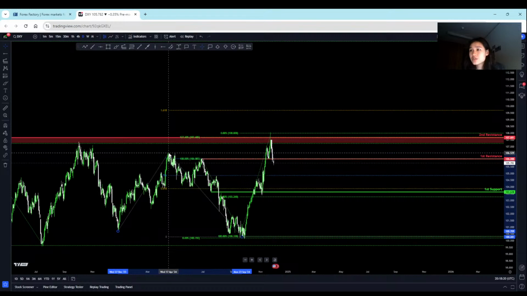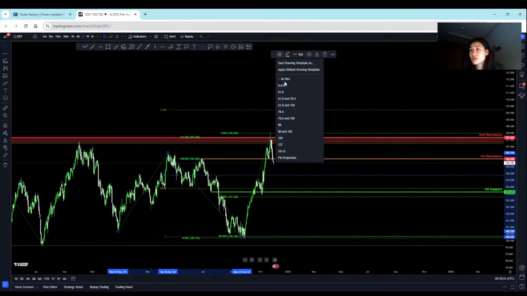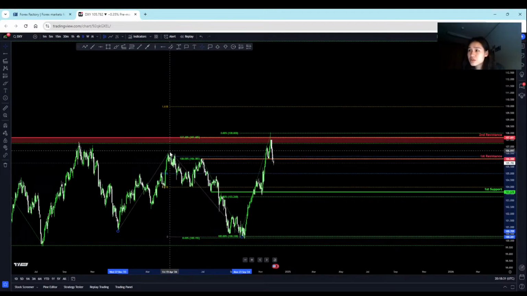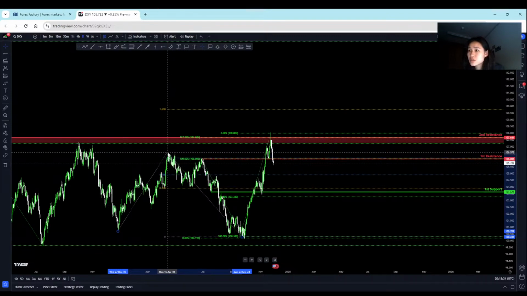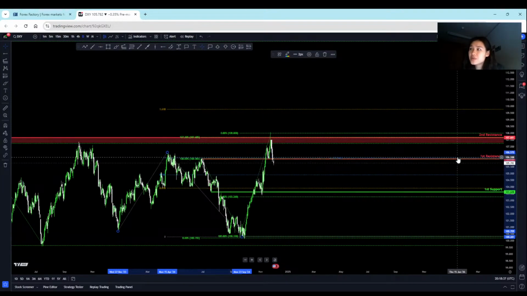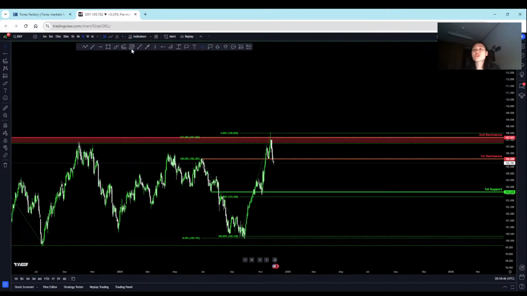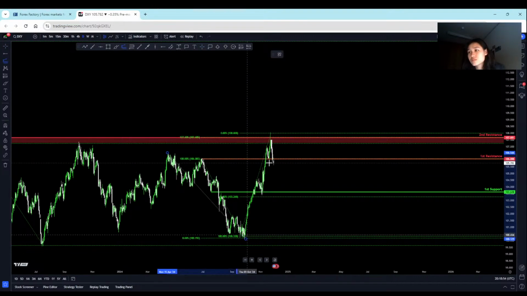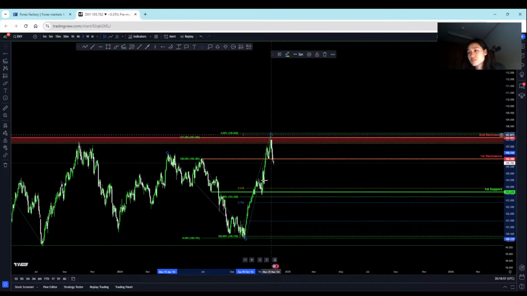And we namely look at the 61, 78, and 100 levels. Because 100% lines up nicely with our first resistance, but price has already broken out of that, so I'm just going to remove that since it's no longer valid. Here you can see our 61.